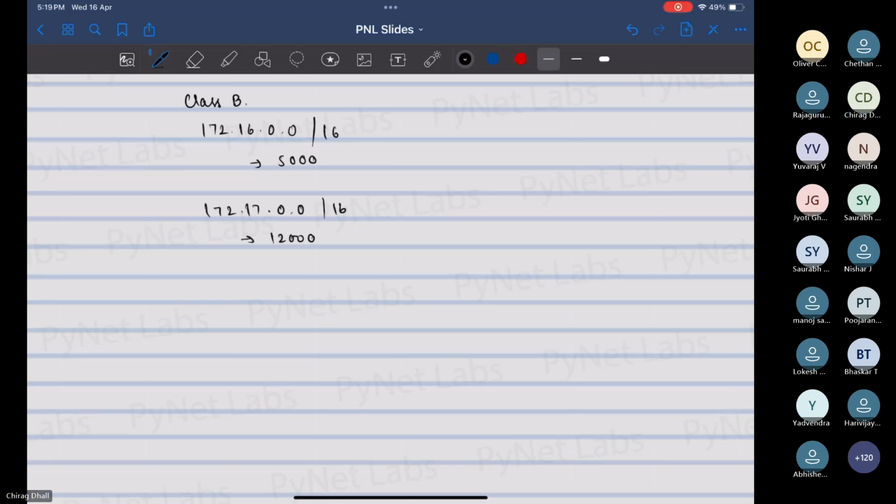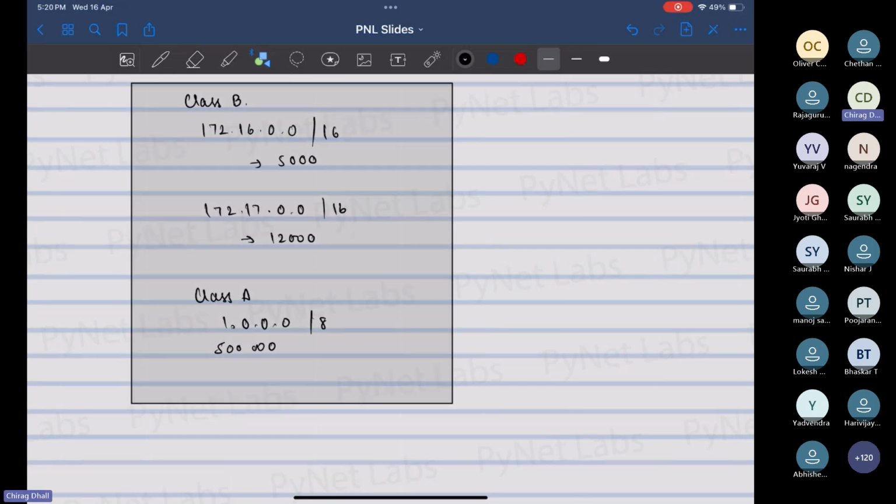And from class A, you are provided with a 1.0.0.0/8 network with a requirement of 500,000 IP addresses or 5 lakh IP addresses. You can try these questions and I'll share the results and the solutions in the group chat so that you guys can verify.